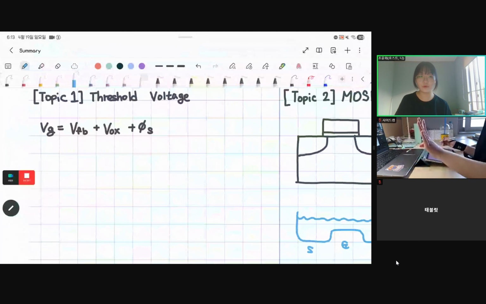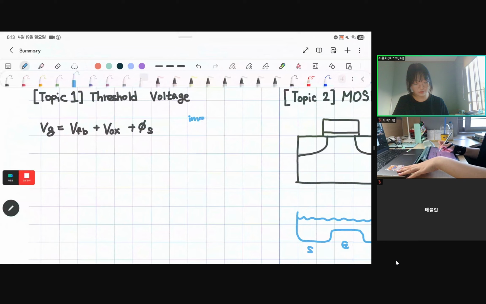This threshold voltage is related to inversion mode. Last time we drew the ID-VD characteristic, and we also learned about the condition for the inversion mode.